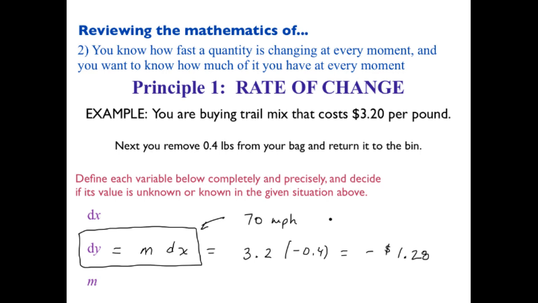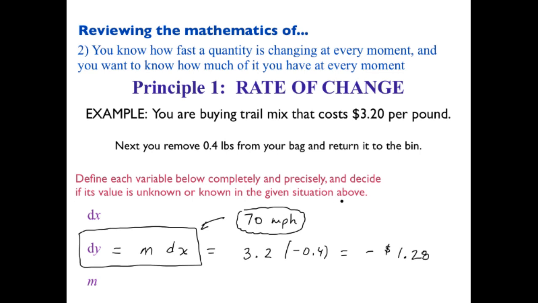You know how far you go in a half hour. How far do you go in a half hour? You would take a half times 70 and you'd get 35 miles. You know how far you go in 2 hours. Change in time of 2 hours times 70, 140. So there's a lot broader meaning of this than you go 70 miles every hour.